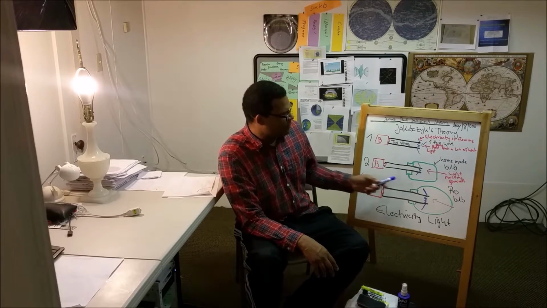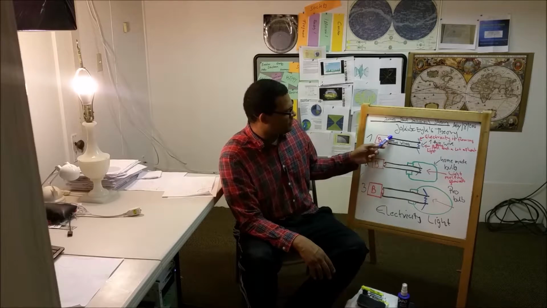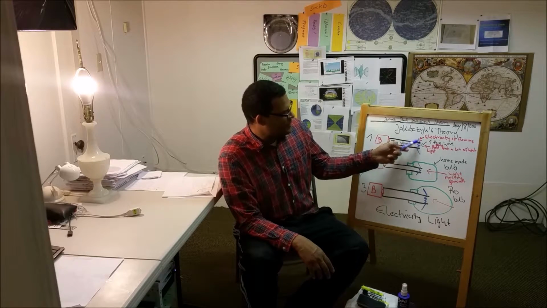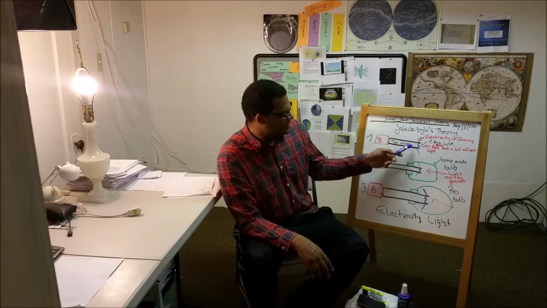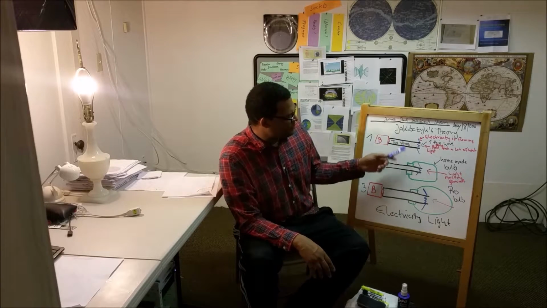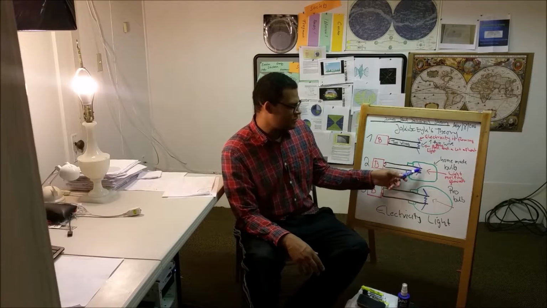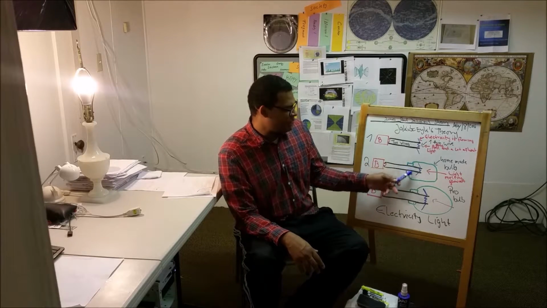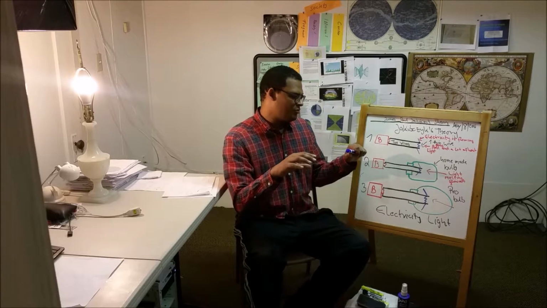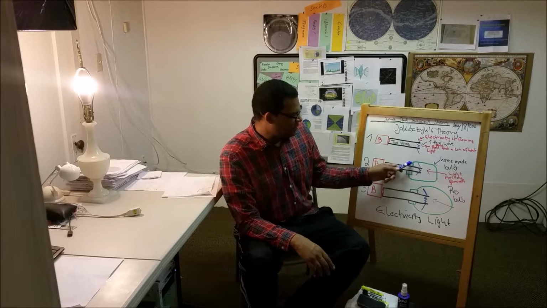In the second experiment, I did the same thing: a battery, two wires connected on each side, and a thin wire connecting those two wires. The difference from the first is that I put the two wires and the thin wire in a bottle, so that part is in the bottle, and it's a little bit sealed.